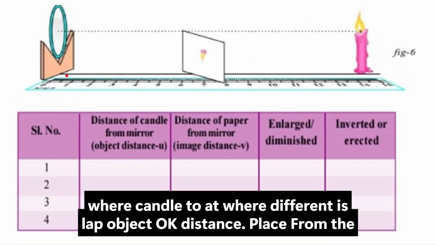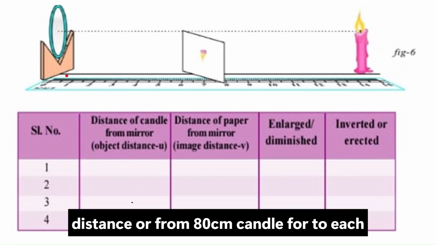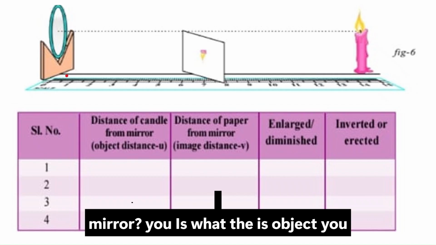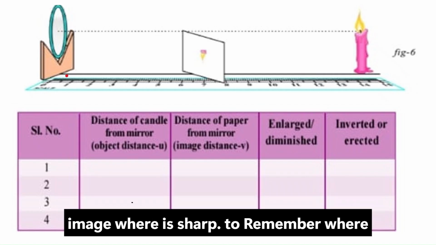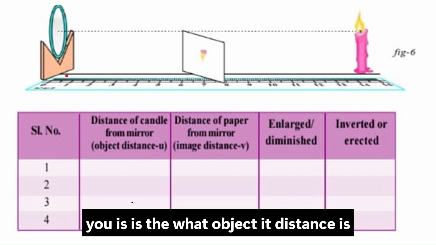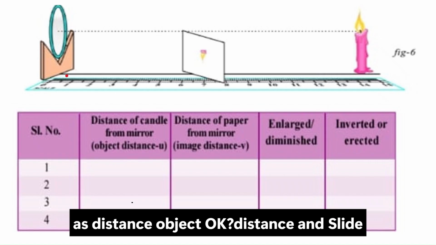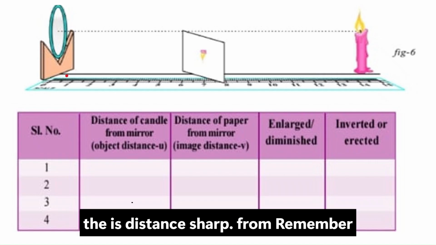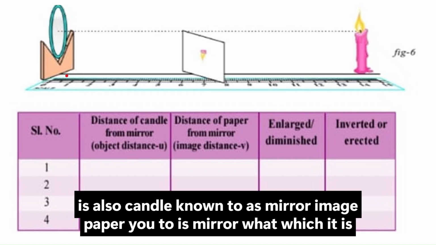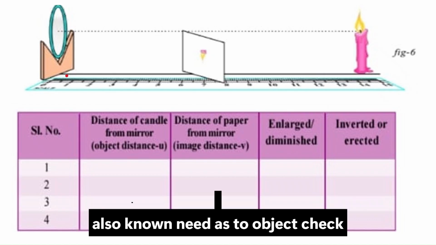Place the candle at different distances, say 10, 20, 40 or 80 centimeters. For each U, what is U here again? It is object distance. From where to where? From candle to mirror is the object distance. Slide the paper until the image is sharp. Remember, U is the candle to mirror distance, the object distance.